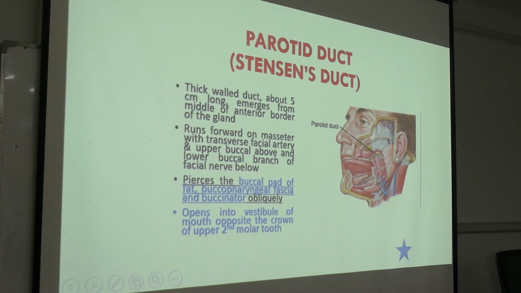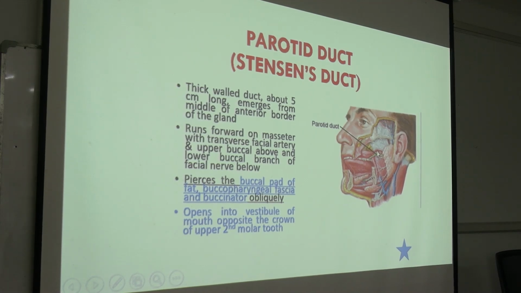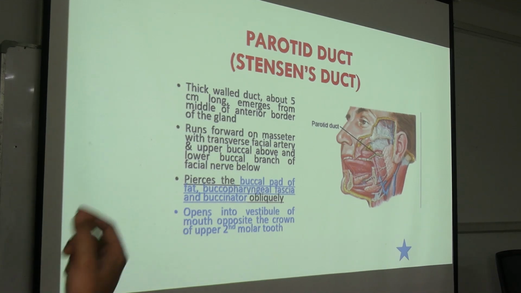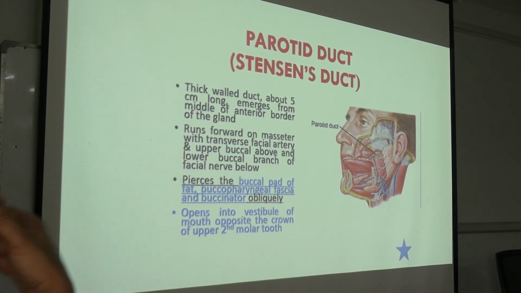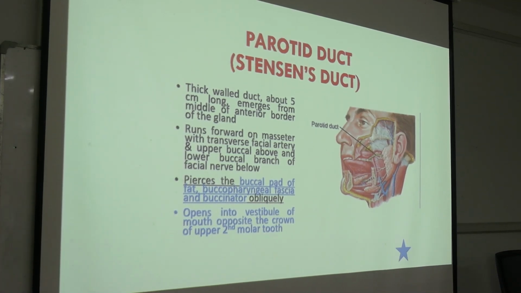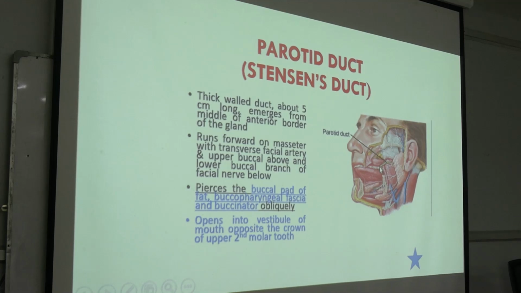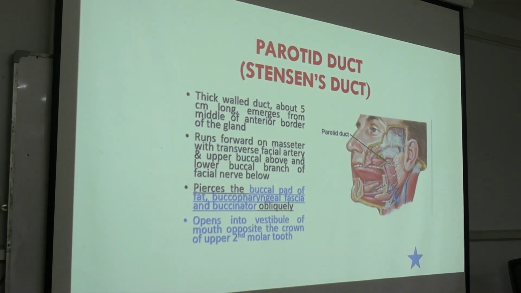Now on top of this parotid duct, we have a branch of the facial nerve known as the buccal branch. It has 2 splits, upper buccal and lower buccal, which run across. On the superficial plane, we have the transverse facial artery and transverse facial vein, which run in these regions and come in relationship with the parotid gland. This parotid duct pierces obliquely through the buccopharyngeal fascia and buccinator muscle, going deep inside.